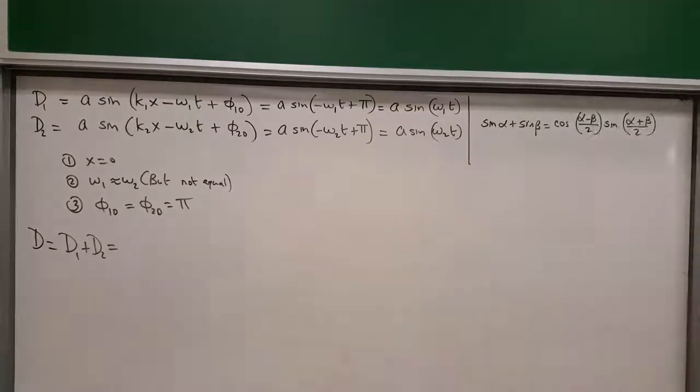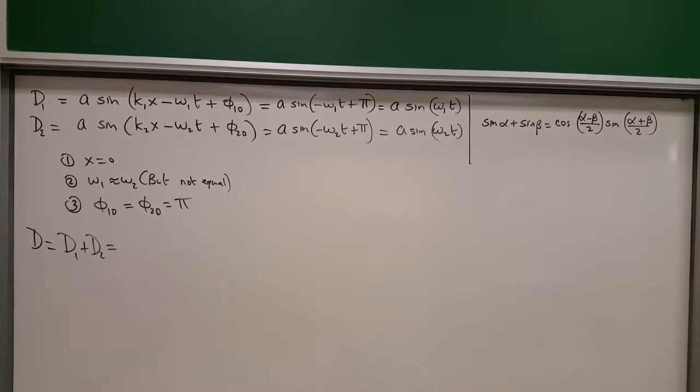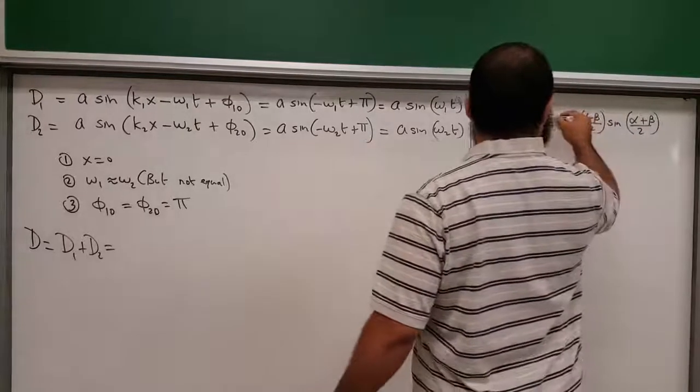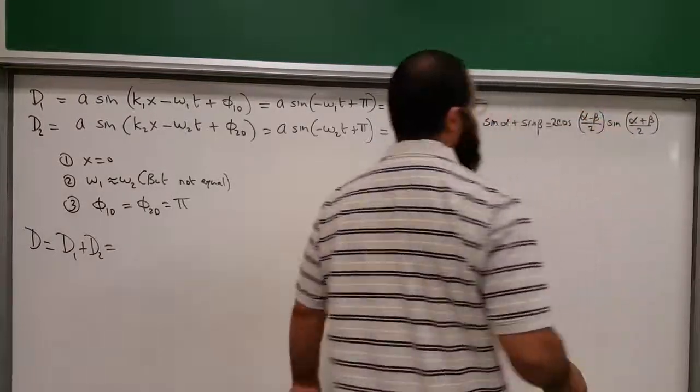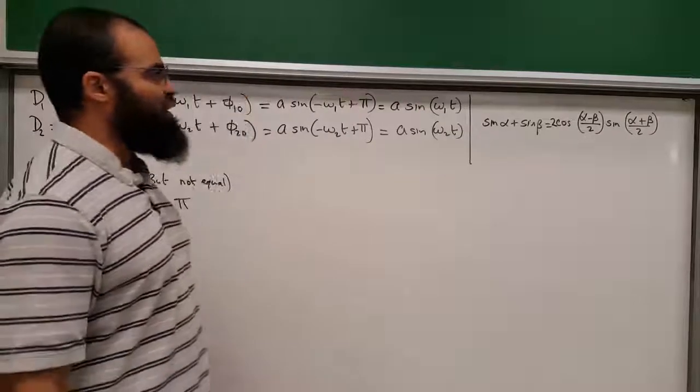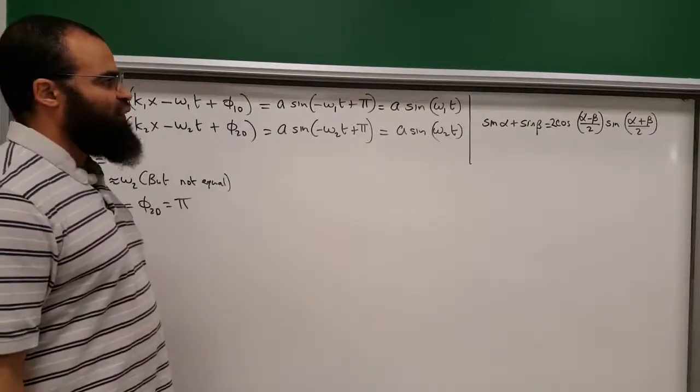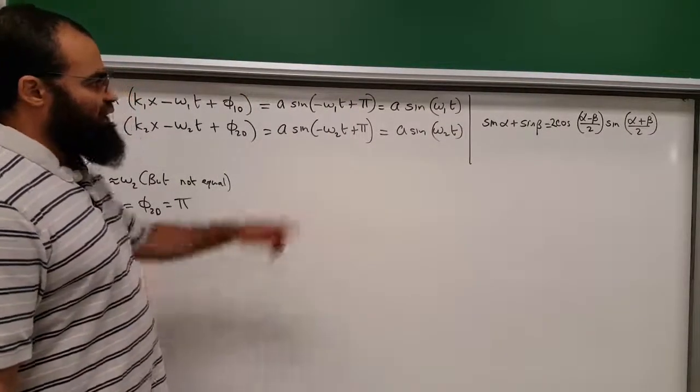Let me make sure I have the identity correct. I sometimes forget it. It looks good. Oh, there is a 2 in front. You could verify these half angle formulas easily. Okay, so I'm going to use that.